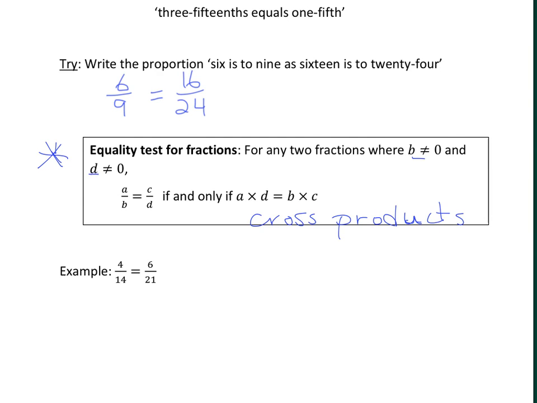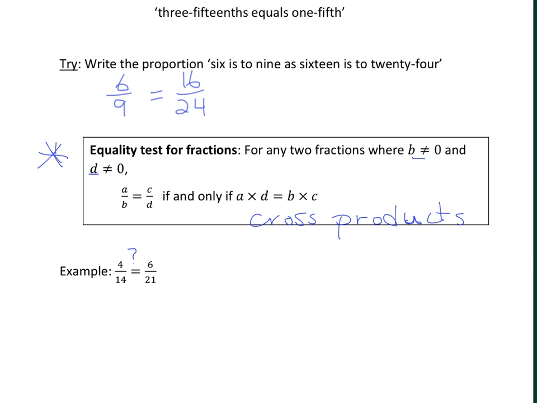As an example, we could test it with this one. 4 to 14 equals 6 to 21, or 4 is to 14 as 6 is to 21, or we could call it 4/14 equals 6/21. Now, what we often will do is put a little question mark above the equal sign, to say, are these two equal to each other?